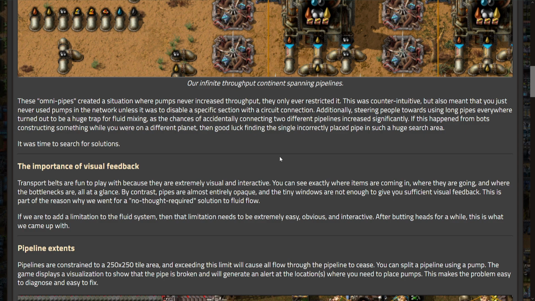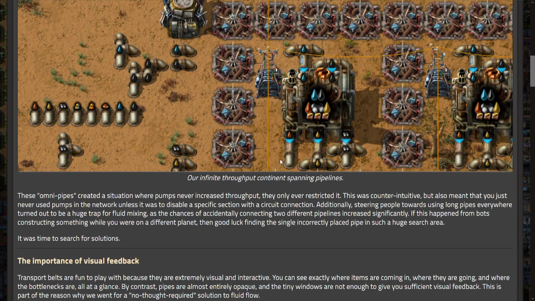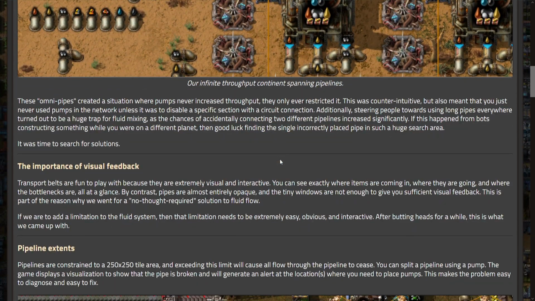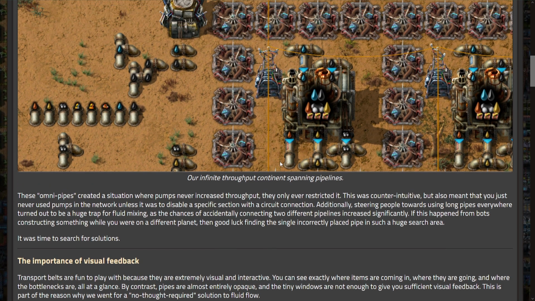And of course you would also want to use pumps when you want to take apart certain sections or distinguish between different factories, like only crack heavy oil if there is enough heavy oil, and only if there is space in the light oil pipes or something like that.